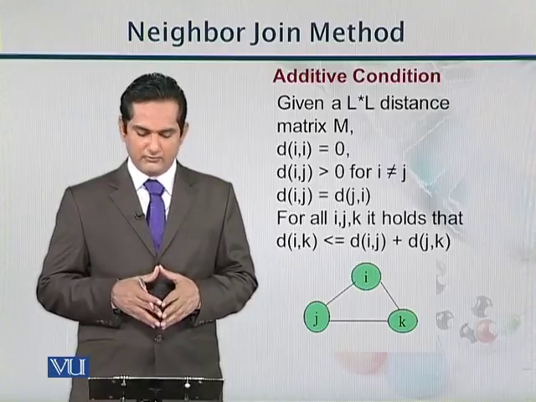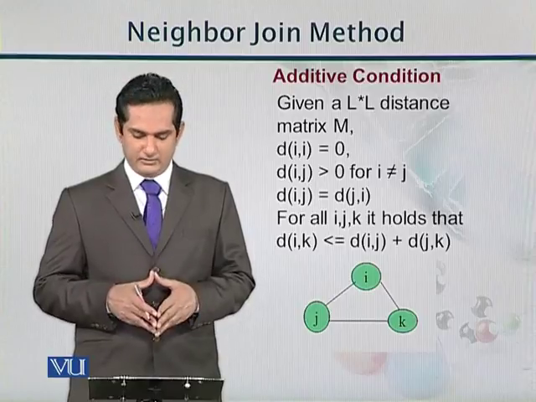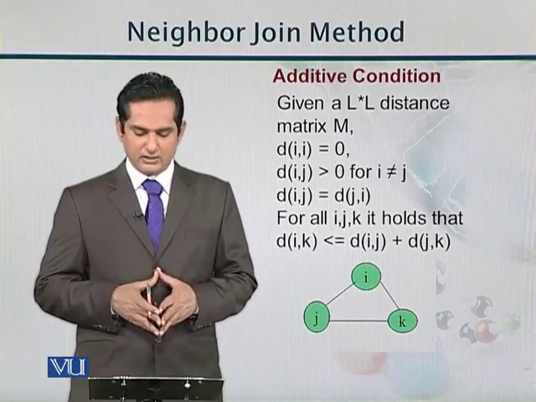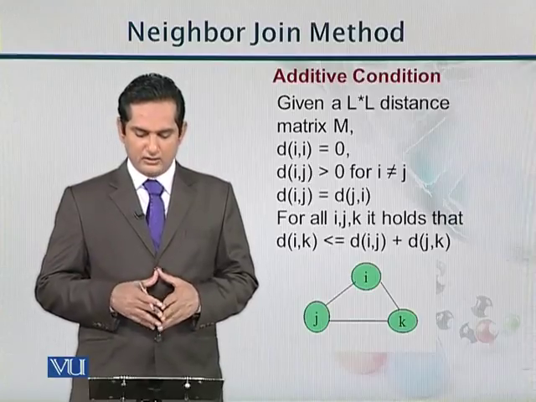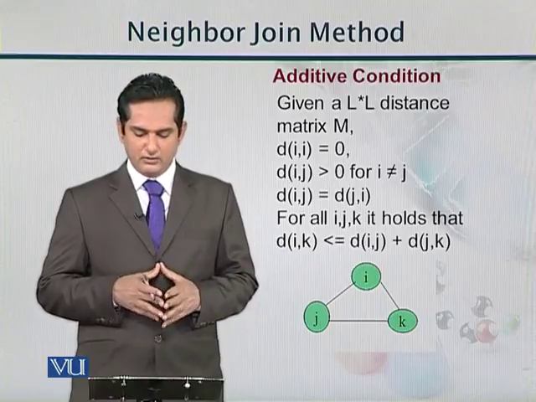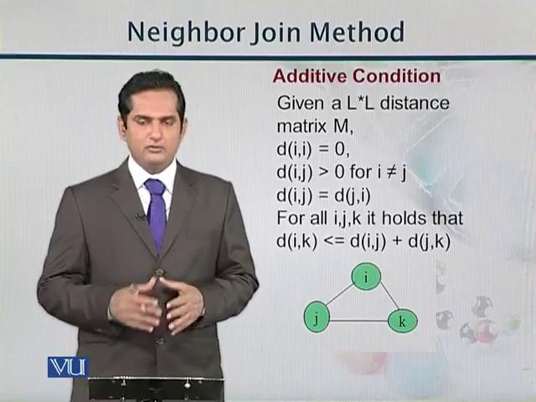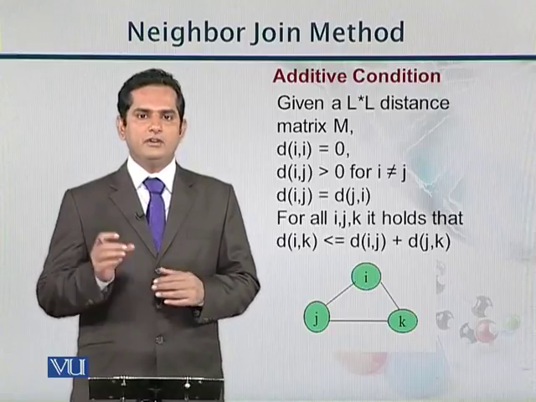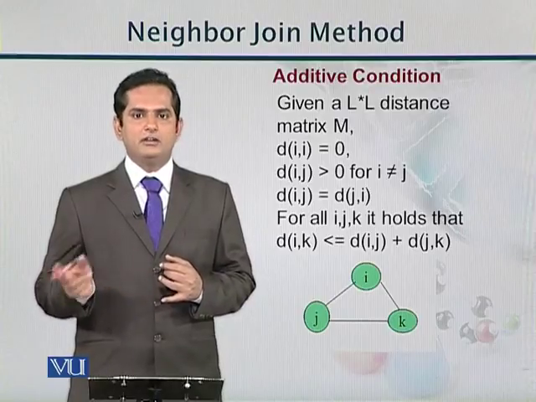Similarly, Dij should be greater than 0 if i and j are not equivalent. And similarly, Dij is equal to Dji. So for all ijk, Dik should be less than or equal to the remaining two parts, which are Dij and Djk. That is also shown in the figure. So we have three vertices ijk, and Dij should be less than or equal to the other two parts.